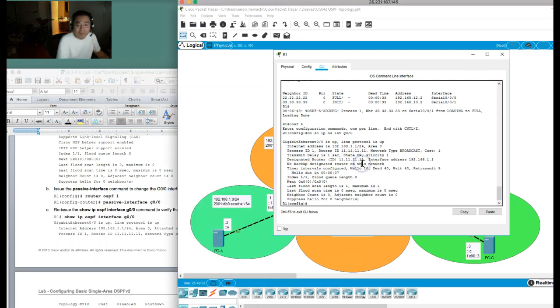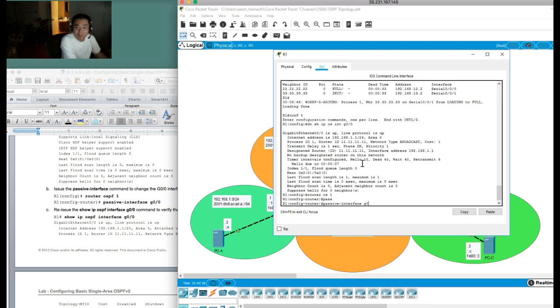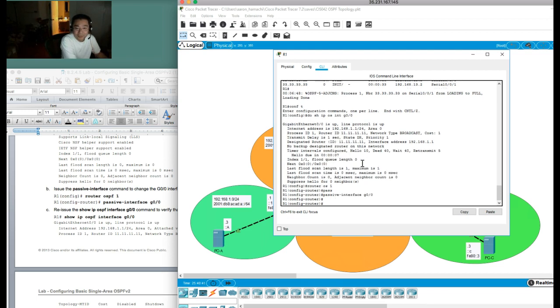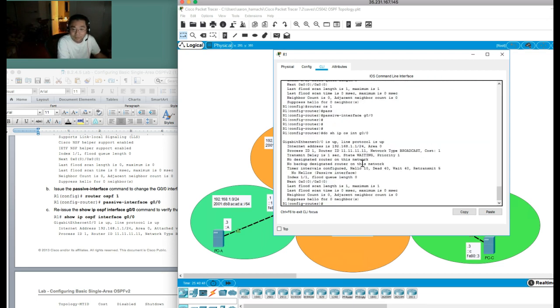Okay, so the way that we stop that is we go into router OSPF 1 and we do passive interface for gig 0/0. And we'll verify that by looking at this again.